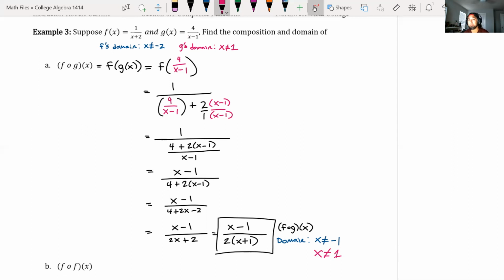Any questions on that? So once we discover the domains, we don't have to apply the domains to any of the other problems. We're just trying to discover the domain.